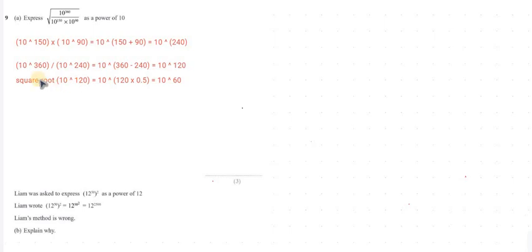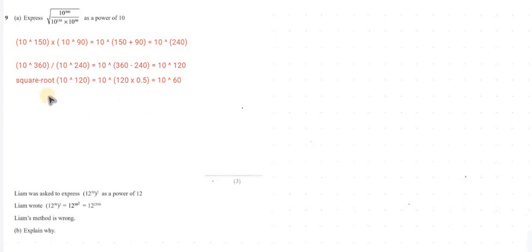So, now you have square roots. You've simplified everything in here to 10 to the power of 120. Square root in laws of indices is like multiplying your power by half. So that's 10 to the power of 120 times 0.5, or you can write it as 1 over 2, which is equal to 10 to the power of 60.